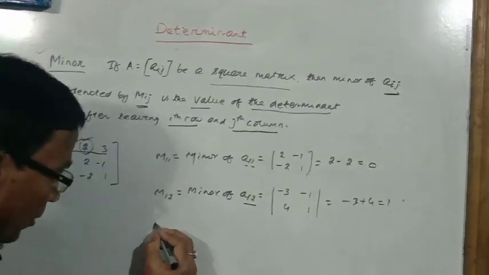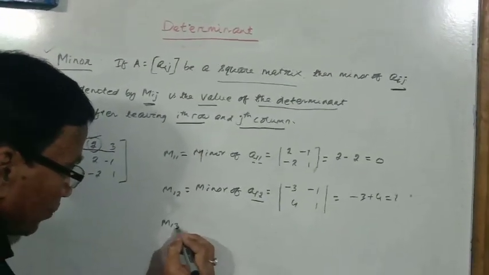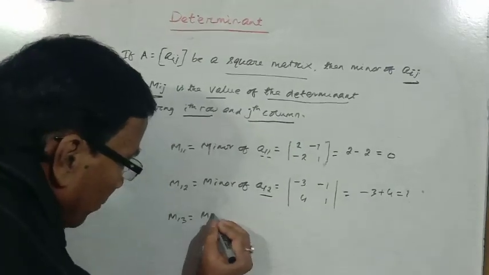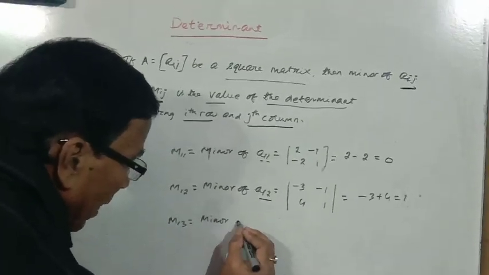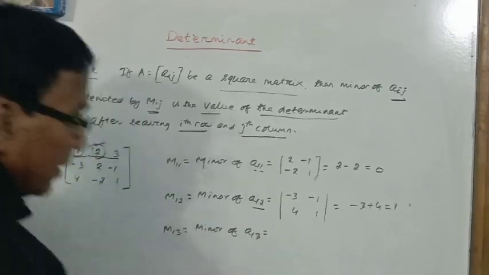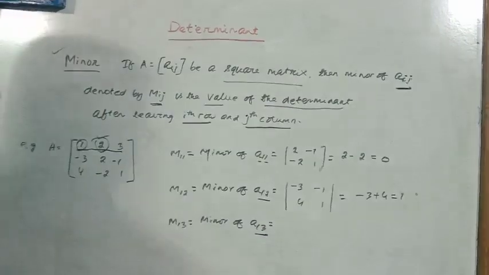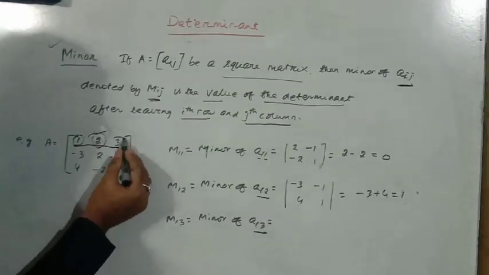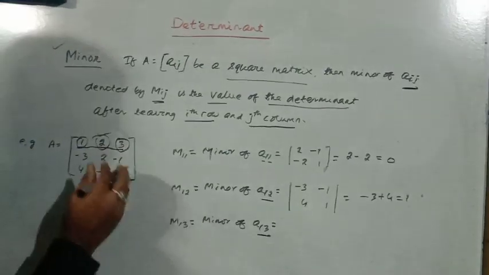Similarly, we will find out M13, which is the minor of A13. And what is the corresponding element of A13? It is equal to 3. So we will find out the minor of 3.